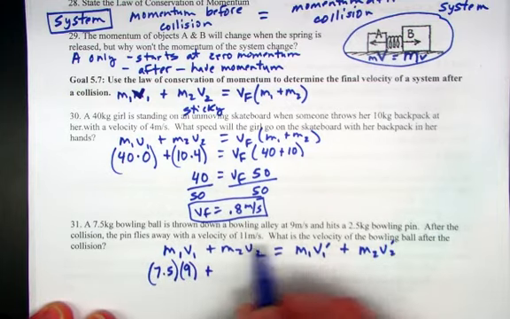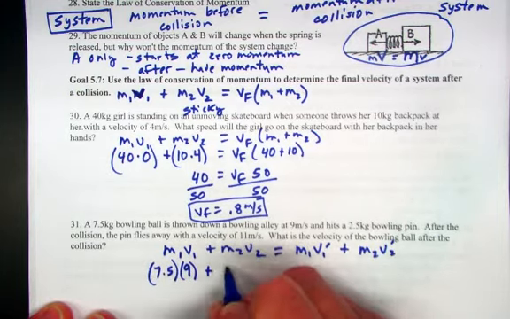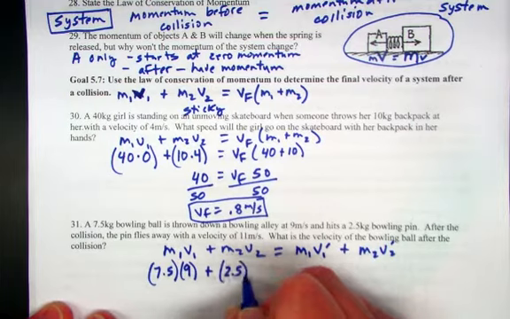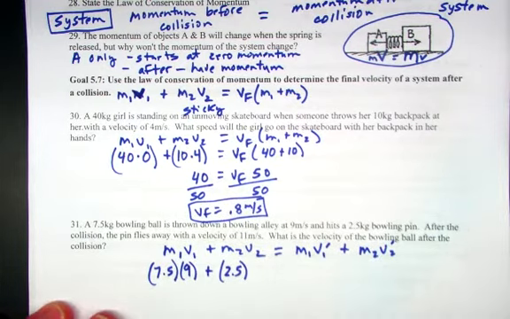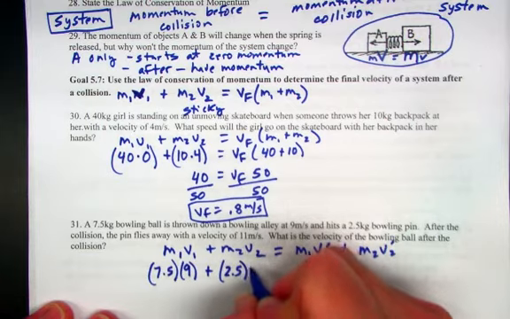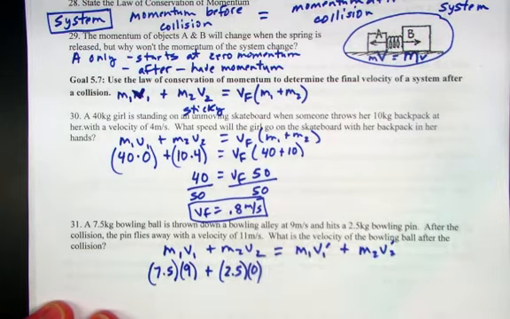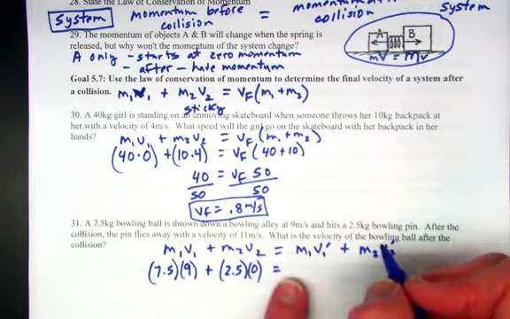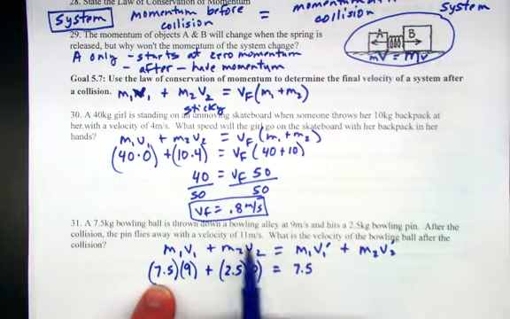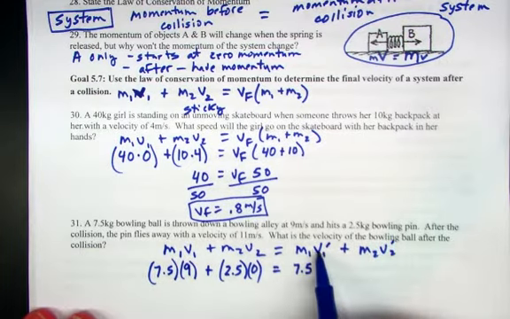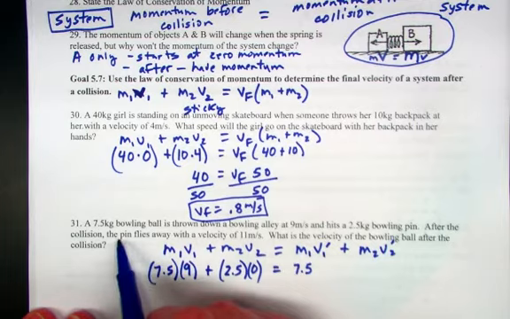Plus, it hits a bowling pin, which is 2.5 kilograms. That's M2. But if you know anything about bowling, you know that the pins are at rest at the beginning. They're just sitting there, so that's going to be 0 speed. We're going to use the same M1, 7.5. And then, how do you figure out what velocity is given to you? You have to be careful and read.